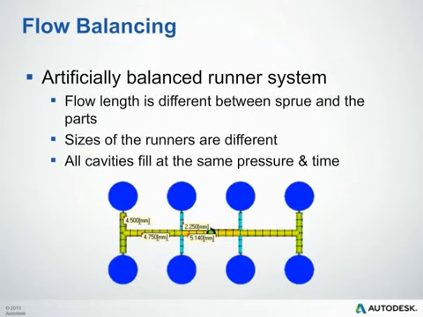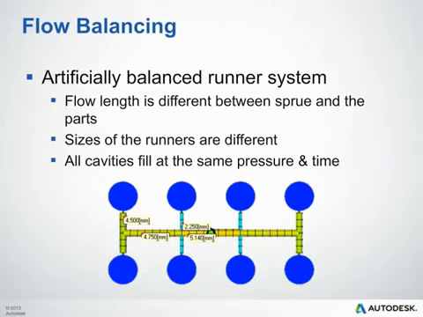The artificially balanced runner system achieves its balance by changing the size of the runners. This is a very useful technique for balancing runners, as there's generally less runner volume required than the naturally balanced runner. However, due to the changes in the runner diameter, the processing window is smaller than the naturally balanced runner.